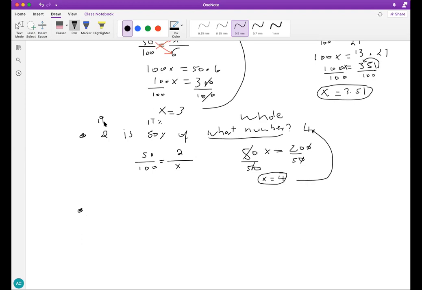Okay, I get it now. All right, let's do another example with not so friendly percents and numbers. So 19 is 17% of what number?